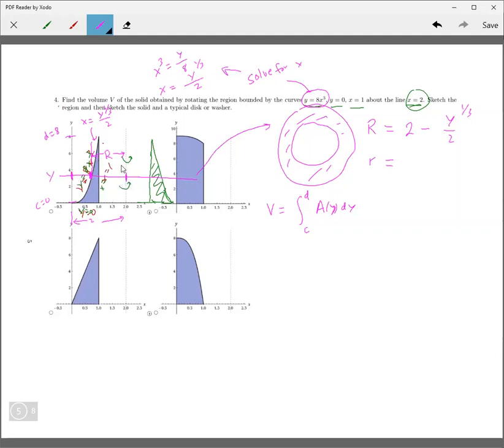This long distance is 2, that's 2, that's 0. From here to here will be 2 minus this distance, which is y to the 1/3 over 2. Inner radius is easier. That's just 1. So r equals 1. That just goes from here to here.